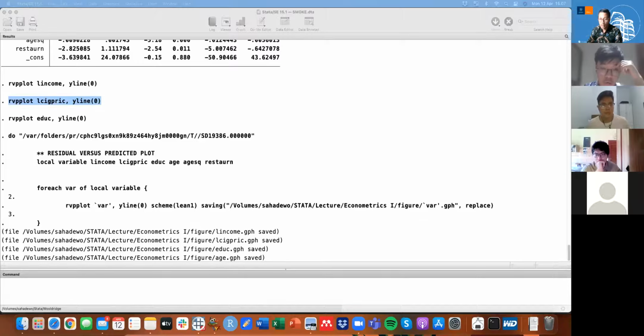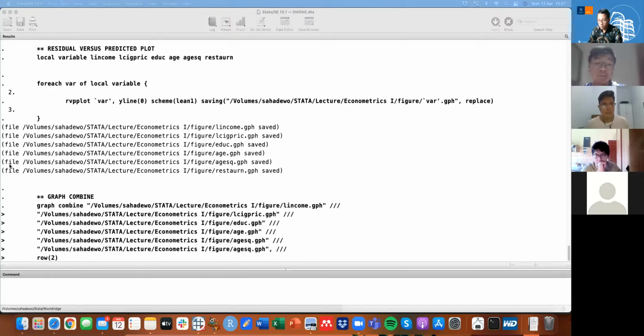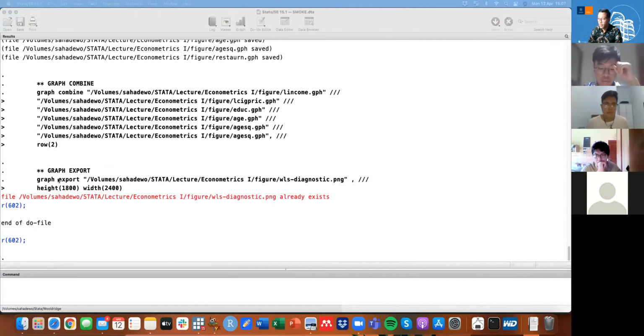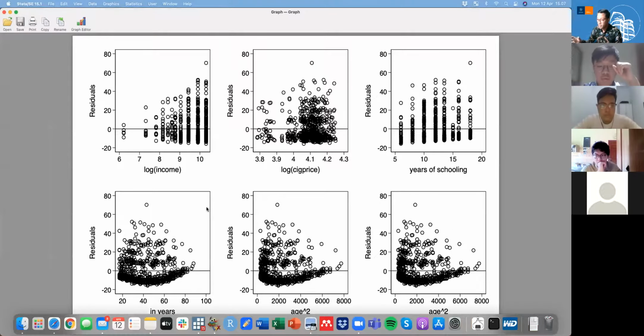Okay, so I'm going to ask Stata to run this one by one. Stata is going to provide you with this summary of the variables used. You have log of income, cigarette price, years of schooling, age, age squared. Okay, let me, so these are the variables that you get from the regression.